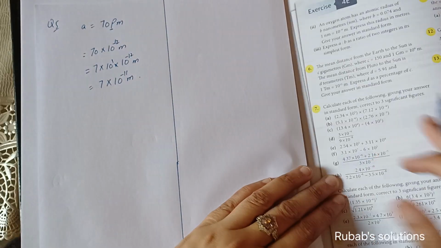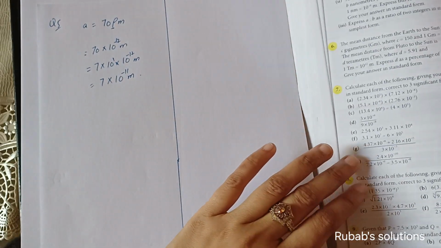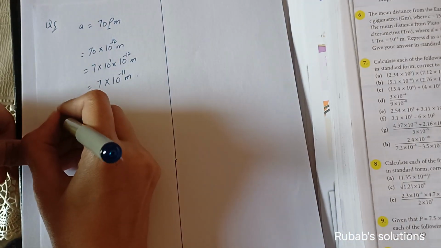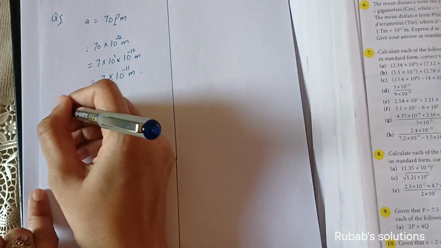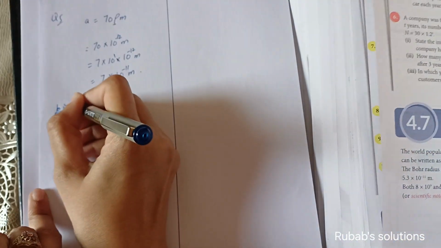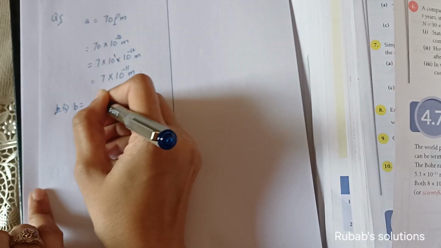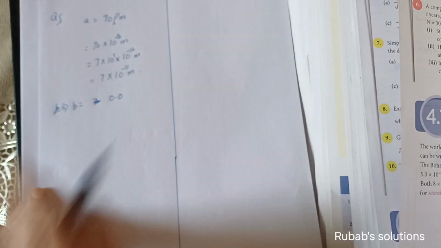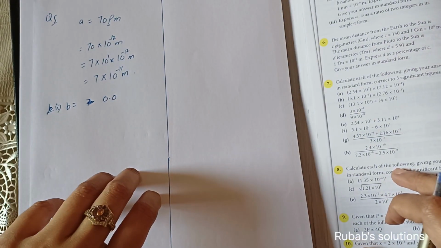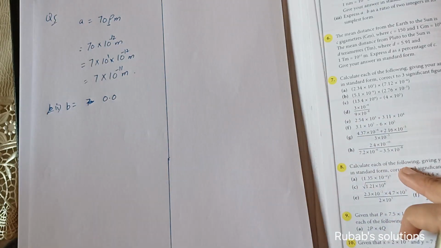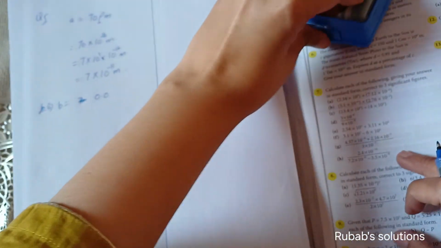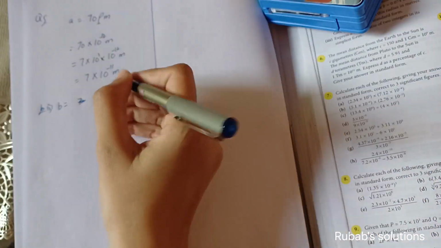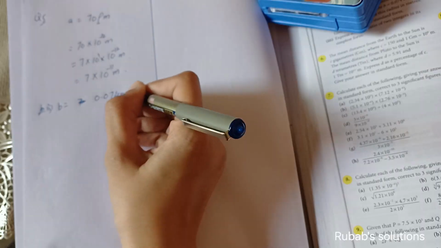And B is given, that is 0.074 nanometer.